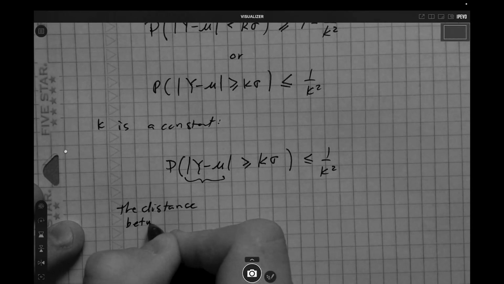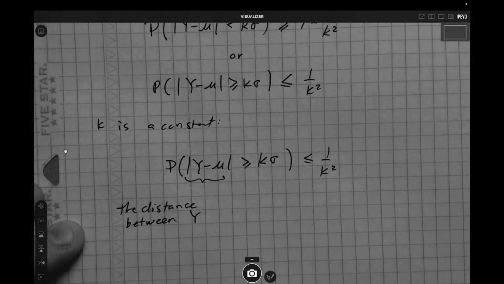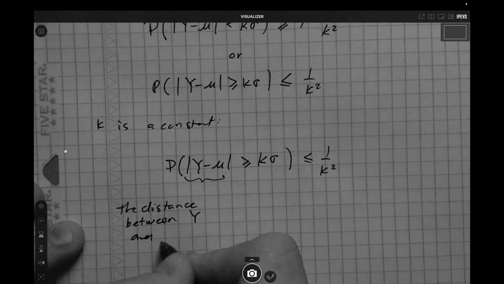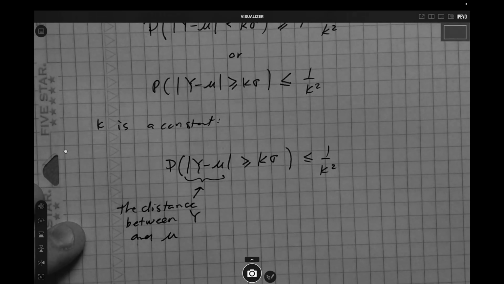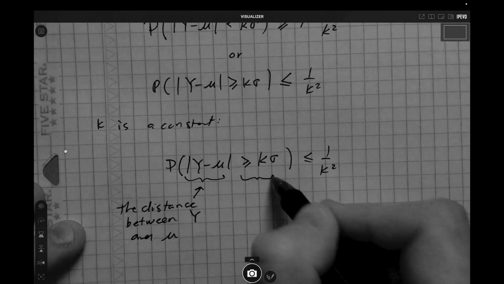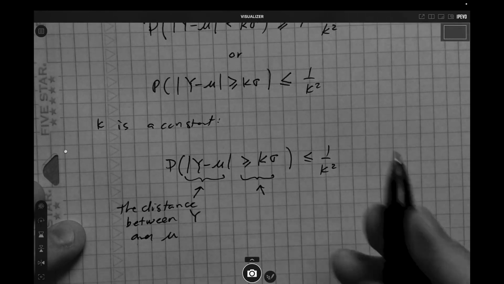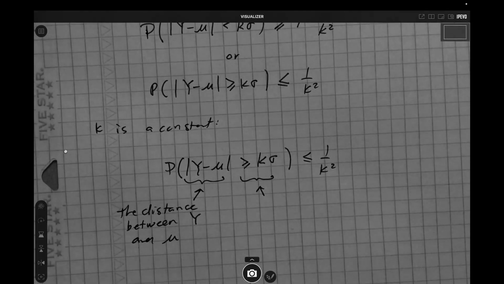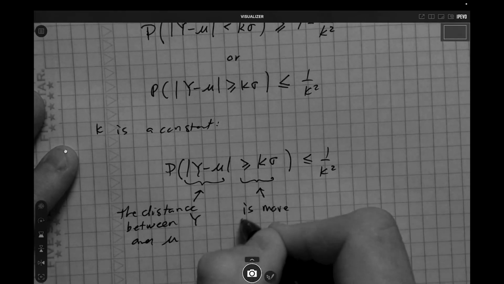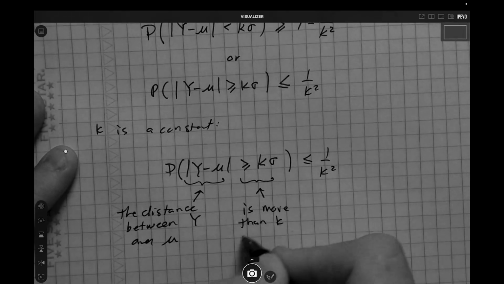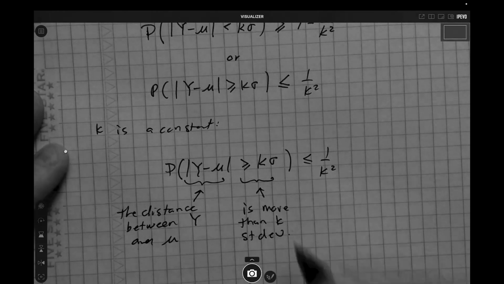So it's just the distance between Y, our random variable, and the mean. That's all this is. Okay, and what are we saying here? Well, all we're saying there is that it is more than k standard deviations.